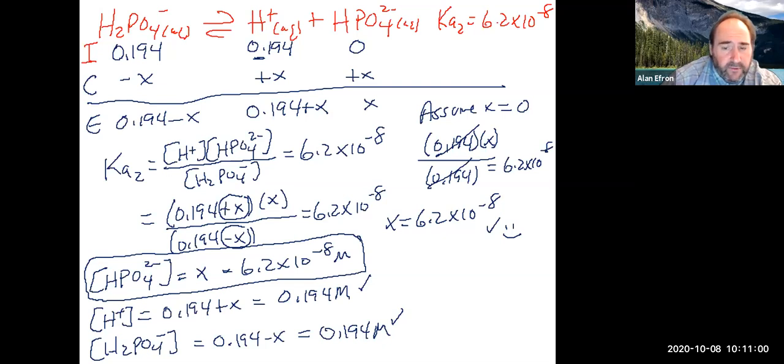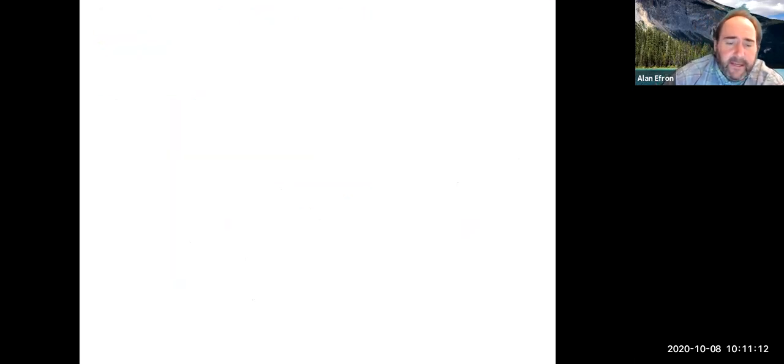Okay, so because we were asked to get to the phosphate concentration, that is going to require us to get to the third step to take off the third hydrogen. And that third hydrogen is going to come off of this one here.